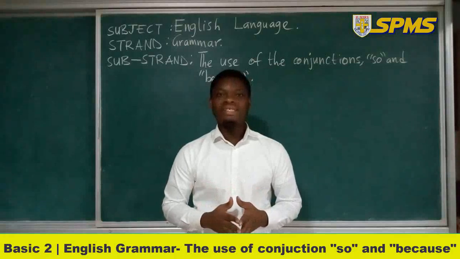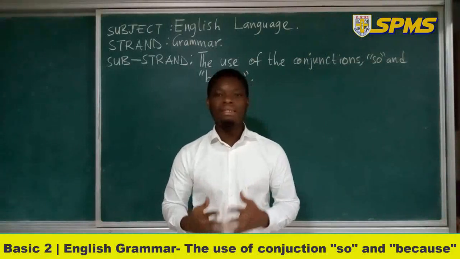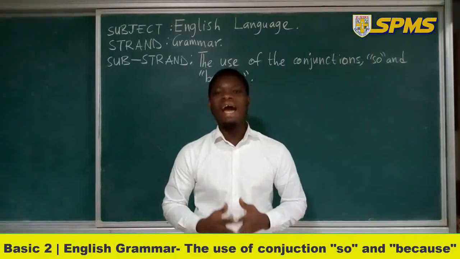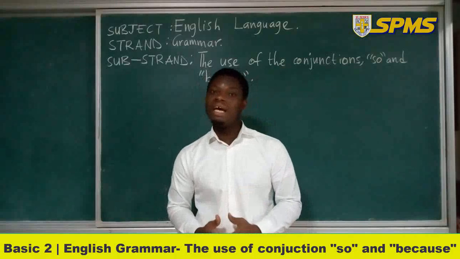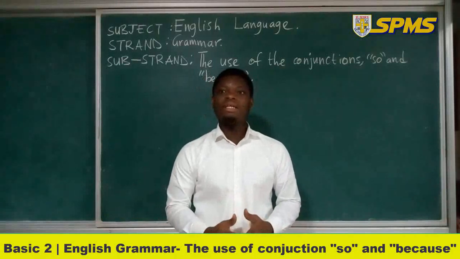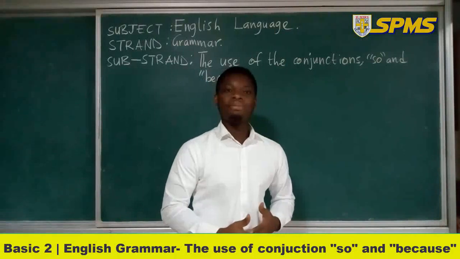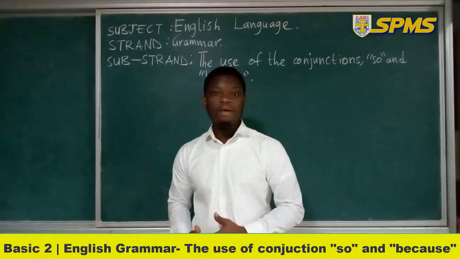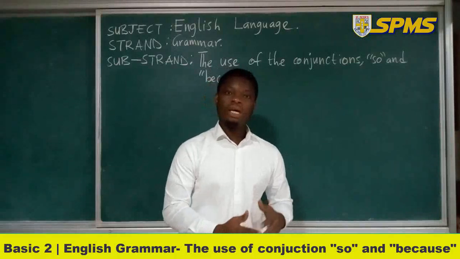We said that they both tell the reason why people perform some action, or they tell us the action and the reason in sentences and in speech. And what did we say are the differences? We said the differences are that with the use of because, the action comes before the reason, but with the use of so, the reason comes before the action.